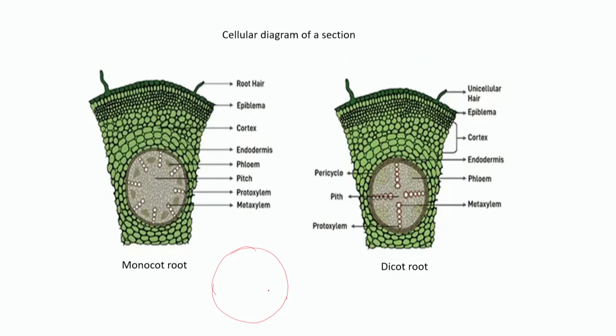Generally we try to make an entire structure showing with a line diagram the outline of all these structures. Suppose I draw a dicot structure like this, a dicot stem, or suppose you are drawing a root also. In root also you are making patches.